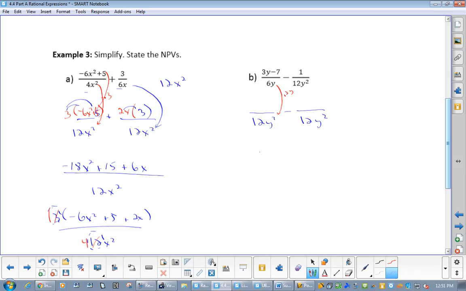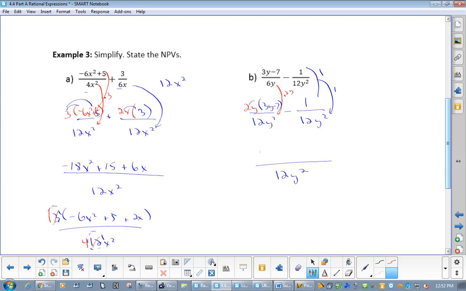By 2y. So I will multiply this by 2y and leave your 3y minus 7 there. This one, what do I have to do to 12y squared to get 12y? Times by 1, do the same thing here, so you get that. So now, all of this is all over 12y squared.